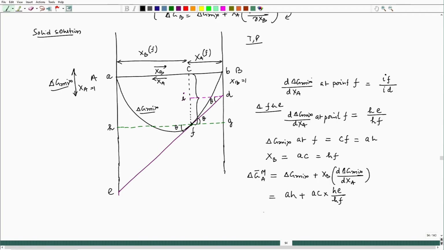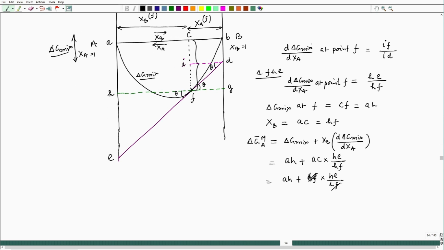So I can write AH plus HF into HE over HF, and this HF cancels. Then delta G bar M A is equal to AH plus HE, which is nothing but AE.